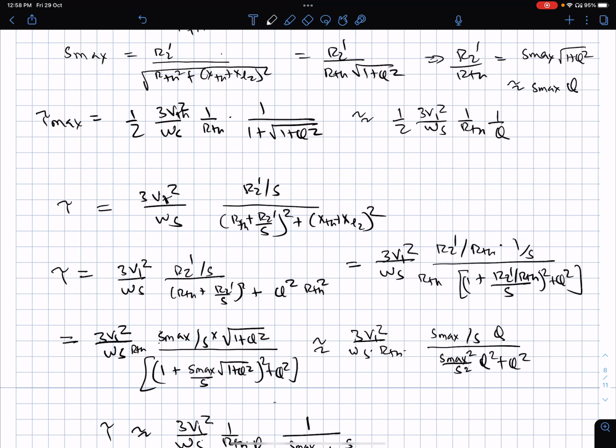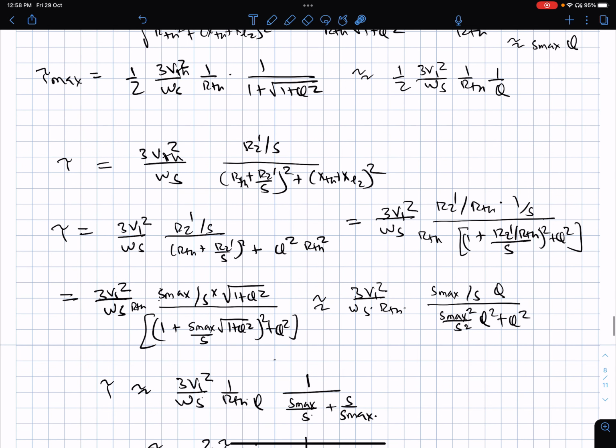Okay, so T is now given by 3V Thevenin square by omega s, R2 dash by s into this equation that we have. And again we are going to play the same trick here. Write this as Q square R Thevenin square. Then we are going to take the R Thevenin common out. So actually when you take R Thevenin common out, it comes as 1 by R Thevenin square.